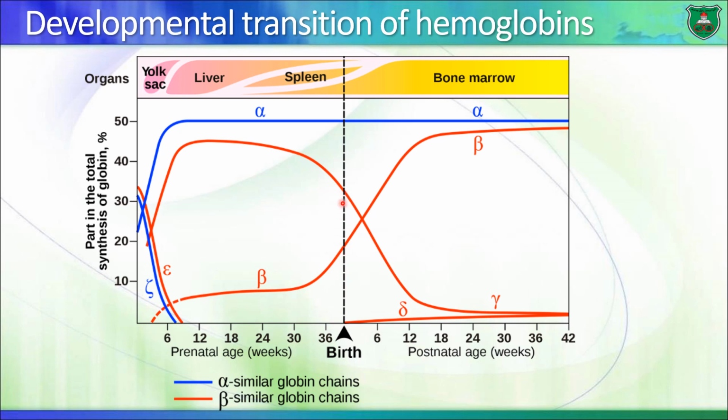Note that at birth, you have more gamma than beta. So alpha continues throughout life. Production of gamma declines with time. Production of beta increases as we grow older. And you also have production of another globin chain known as the delta globin chain. Okay?